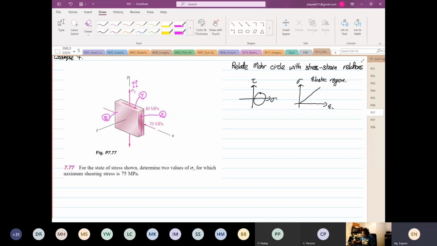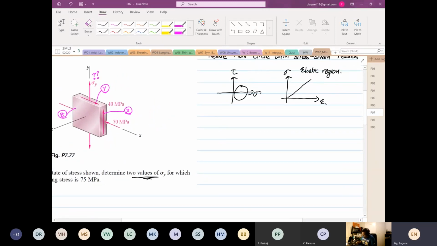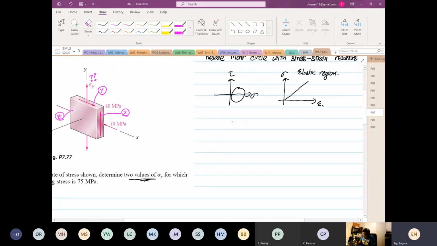What are the two stress Y values? So we know that the maximum shear stress is equal to 75 megapascal. That is the maximum stress that this structure can take, right?